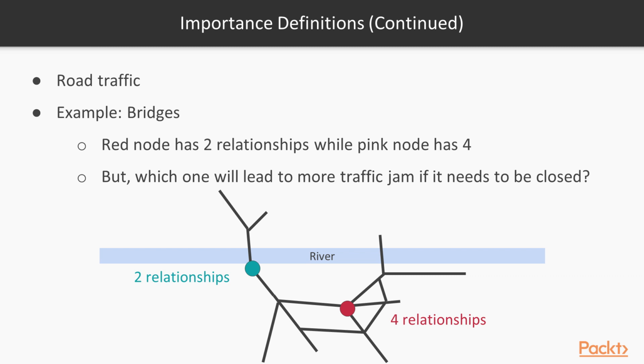If we take the example of a road network in a city crossed by a river, bridges have a great importance, because if they are blocked, people will have to use another bridge to cross the river, which might be far away. We will see these different approaches in action using a famous dataset among the graph research community.